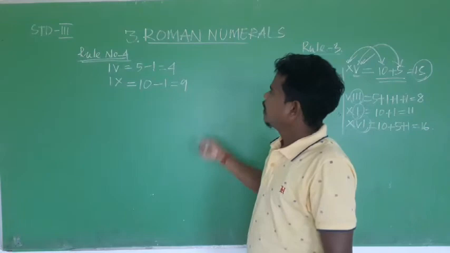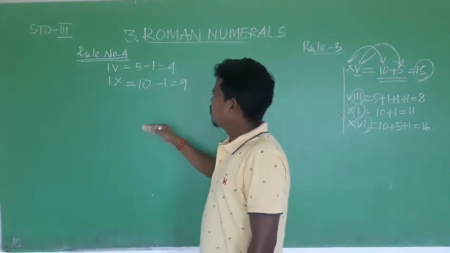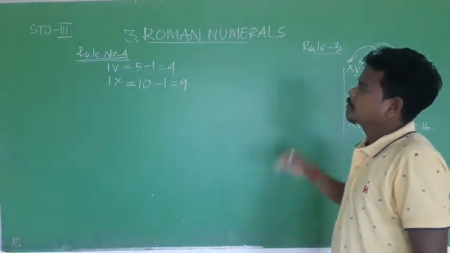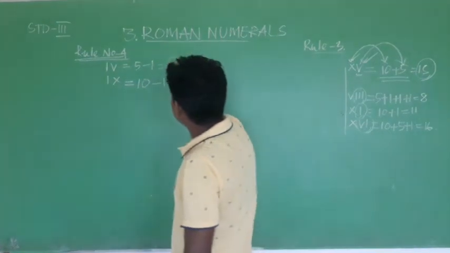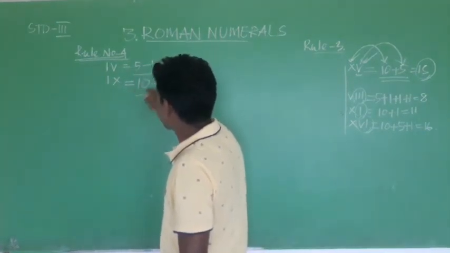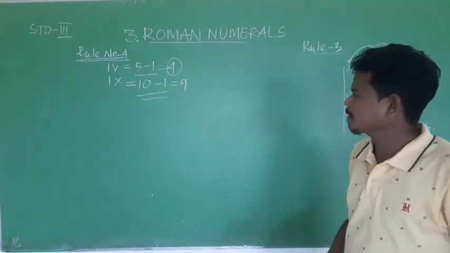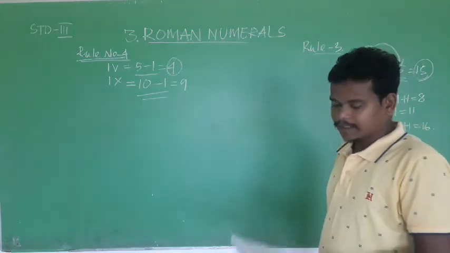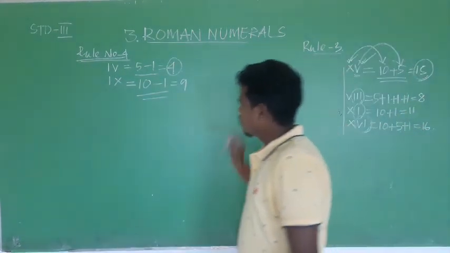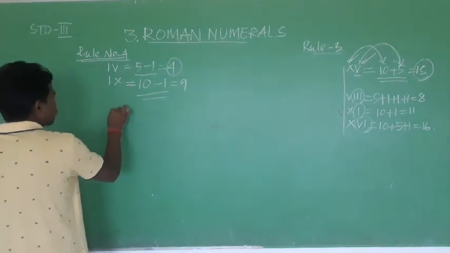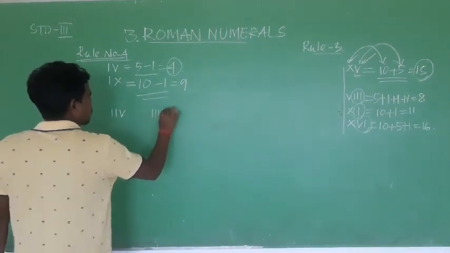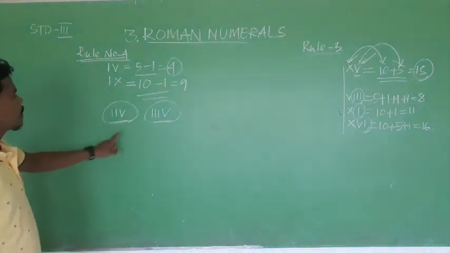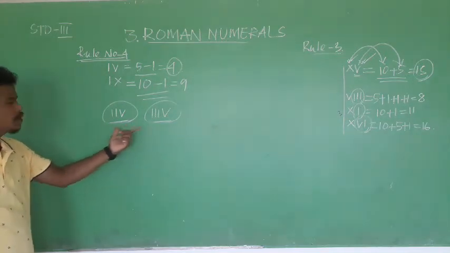So we here learned that when a numeral is placed before the numeral of greater value, the resulting numeral will be their difference. Difference means minus or subtraction, right? But here we must remember that we cannot write IIV or IIIV. Take notice of these two symbols.